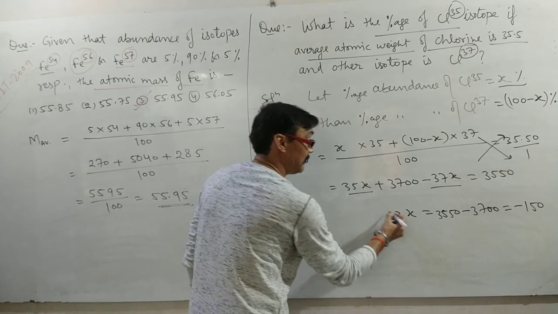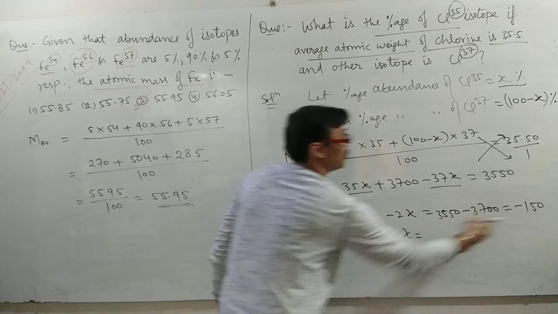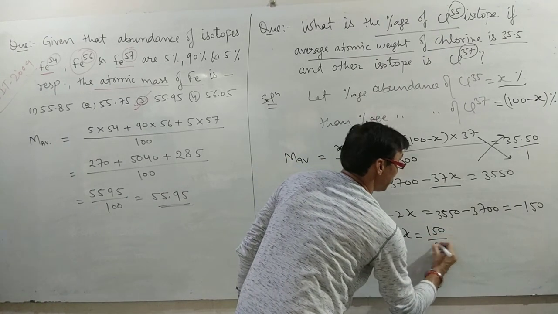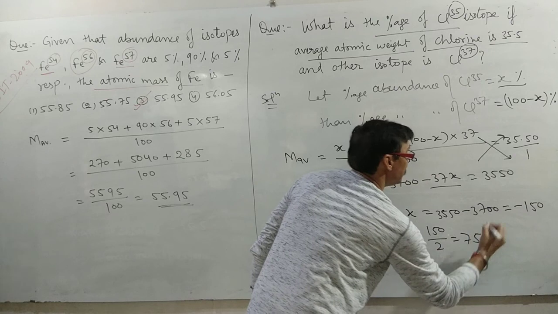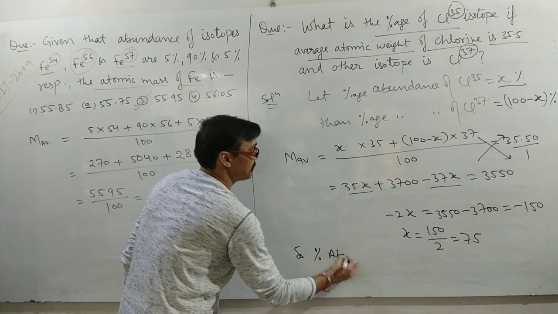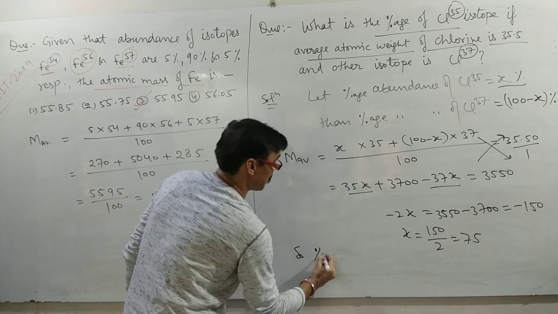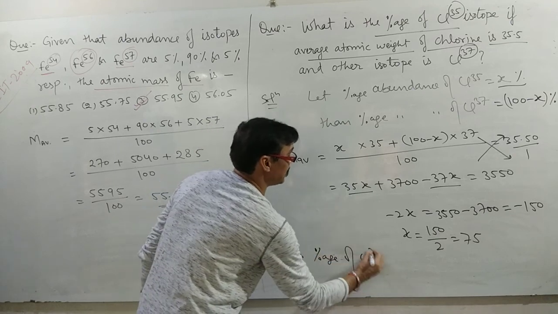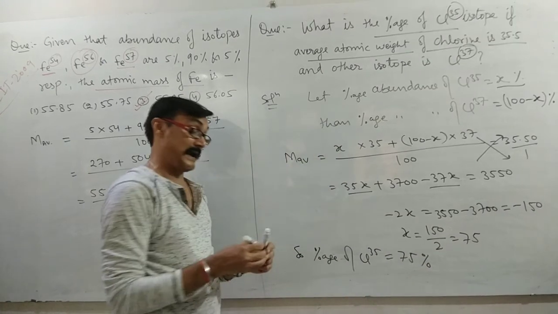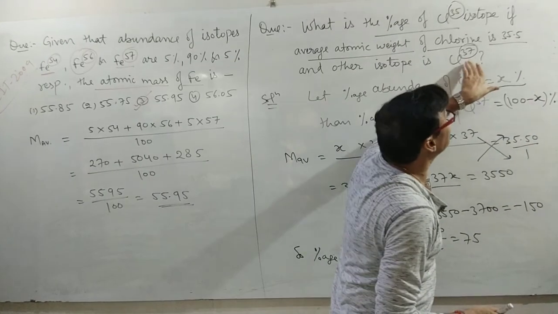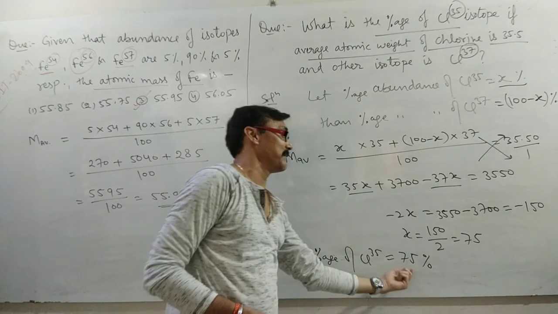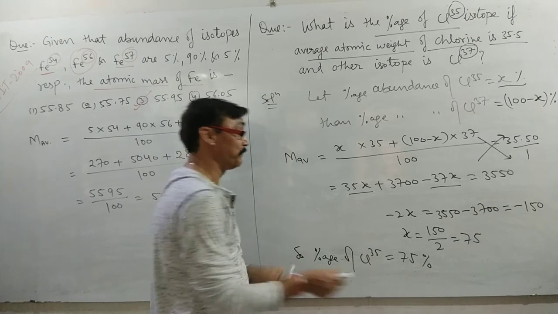So ultimately x is equal to 150 divided by 2, that is 75. So the percentage of chlorine 35 will be 75%, and the percentage of the Cl37 isotope will be 100 minus 75, that is 25%.